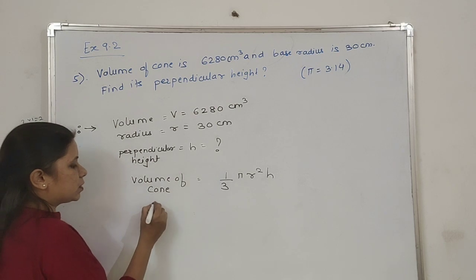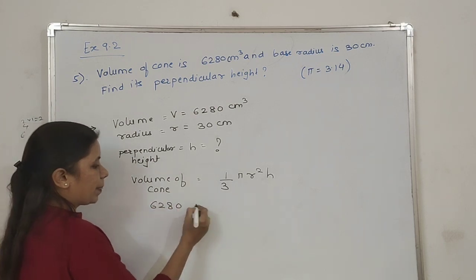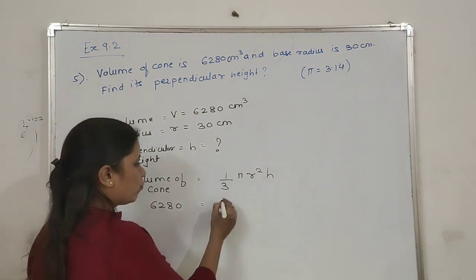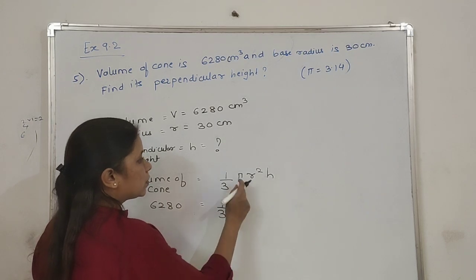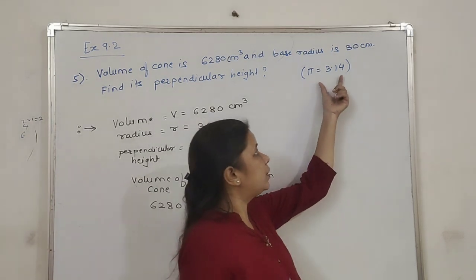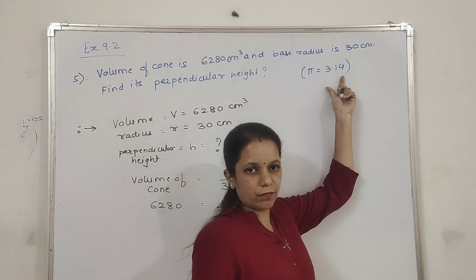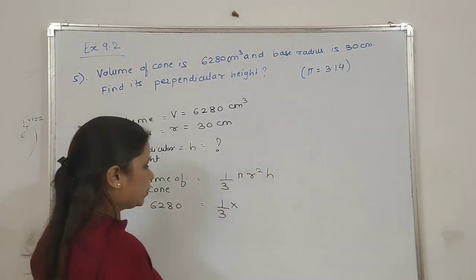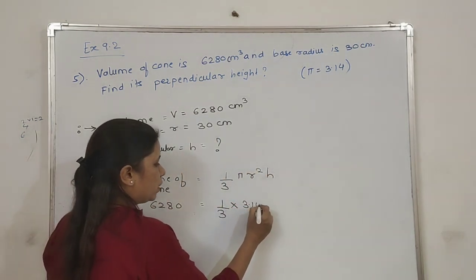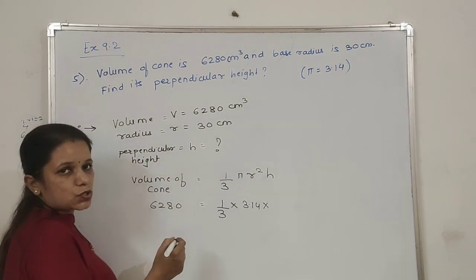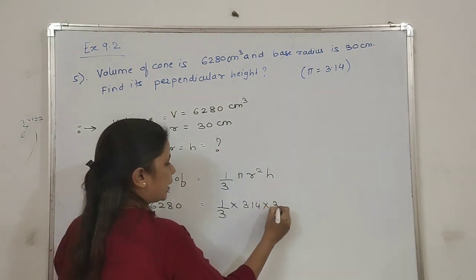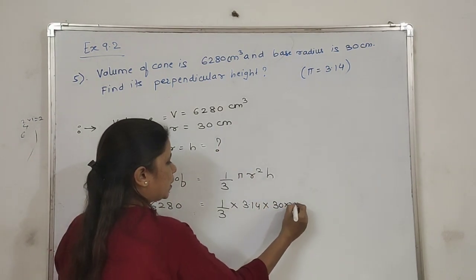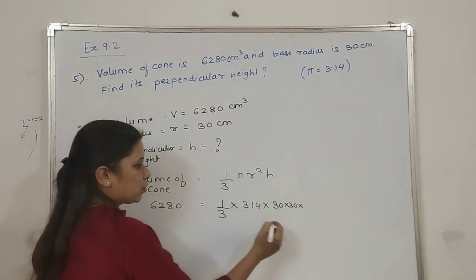Volume of the cone is 6280 is equal to 1 by 3. The value of pi is given to you here as 3.14. So we will take that value 3.14 into r square, radius square, 30 into 30 into h, we need to calculate.